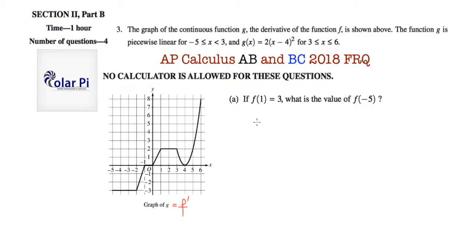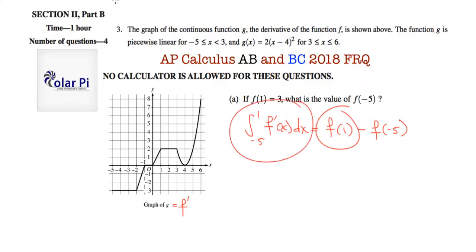We integrate, right? And so to find f of -5, first we'd want to write the integral from -5 to 1 of f prime of x dx. And that's because we know that this equals the difference between f of 1 and f of -5. And since we know f of 1 and we know how to interpret this as area, we're able to use this equation to solve for f of -5.